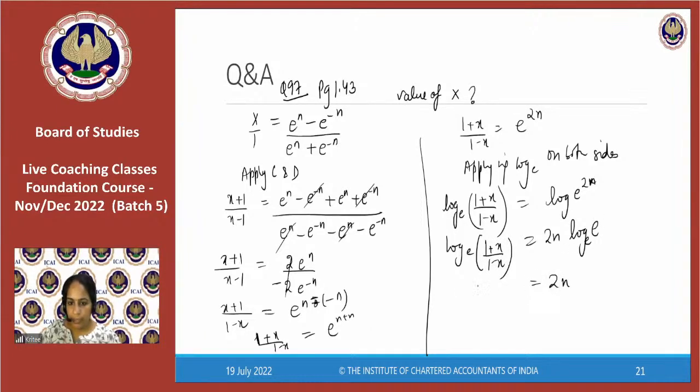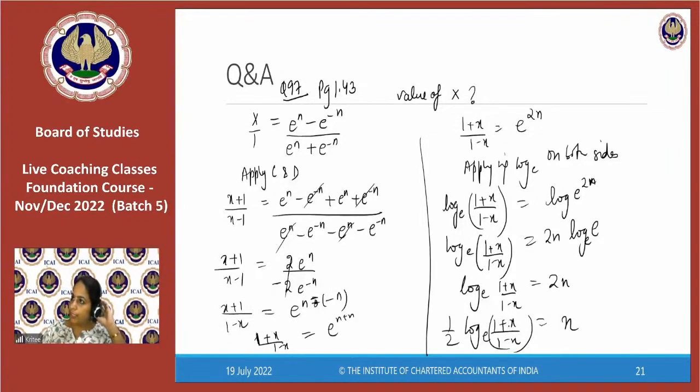So 2n is equal to log base e of 1 plus x upon 1 minus x. So n's value is half of log of 1 plus x upon 1 minus x to the base e. And that is part A. I hope I have answered your doubt.